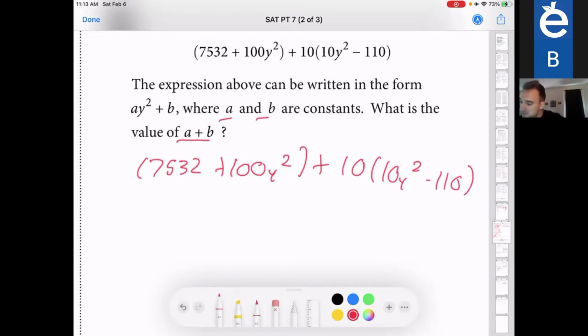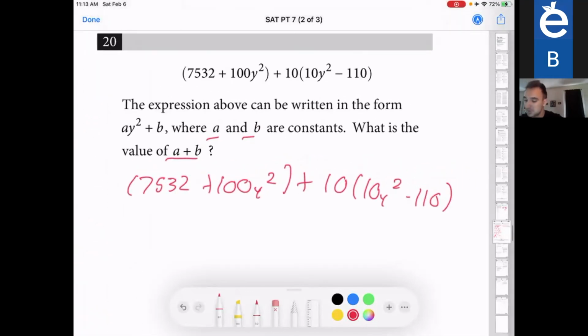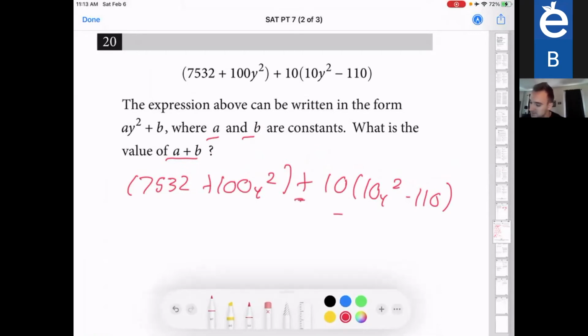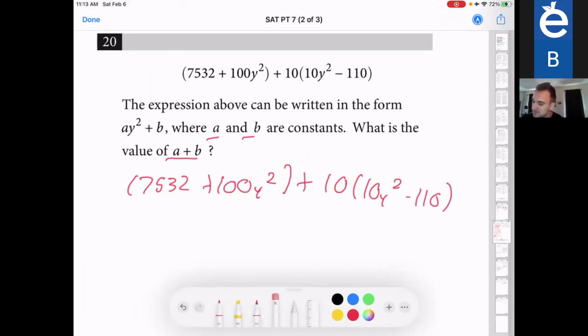Okay. There's no operation going on in this first set of parentheses here, right? I'm just adding them together. And I can see that I'm also adding this over here. So I can just leave that first set of parentheses there.